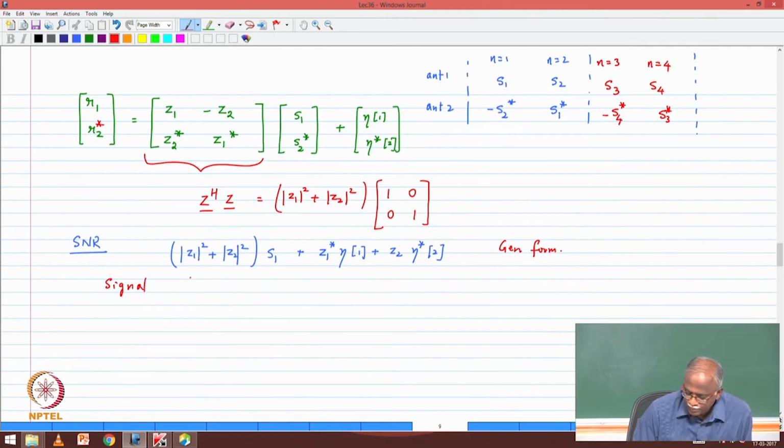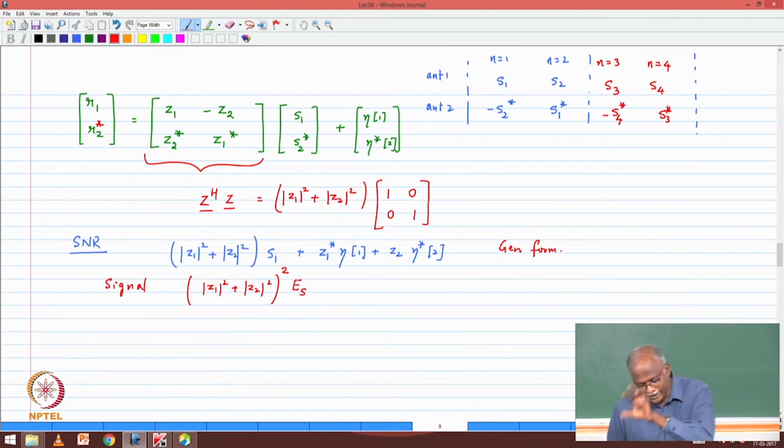Signal component will be mod Z1 squared plus mod Z2 squared. If I take it as a scaling of the amplitude of the signal, when it comes to energy or power, it will become the square of that times whatever was the energy of the signal S1. So whatever was the signal energy, scale factor times the square of that. Okay.